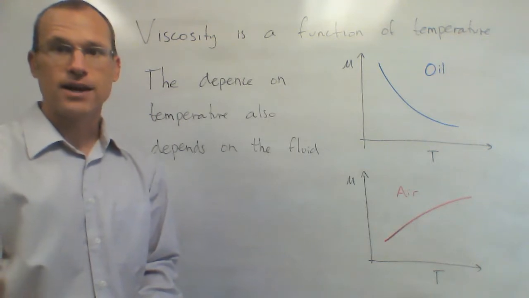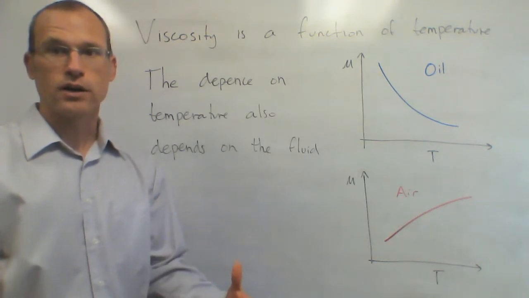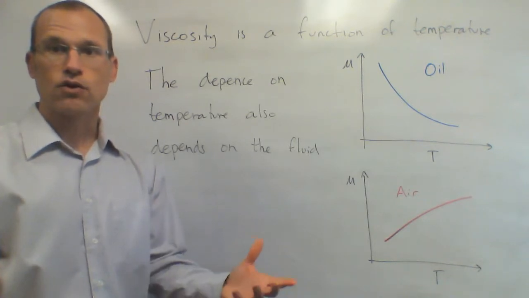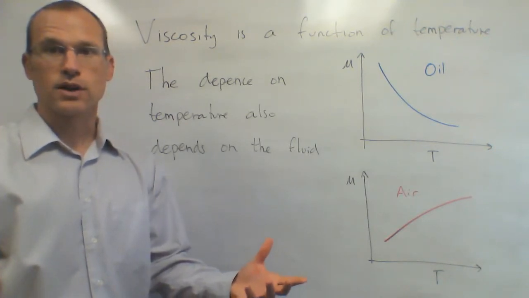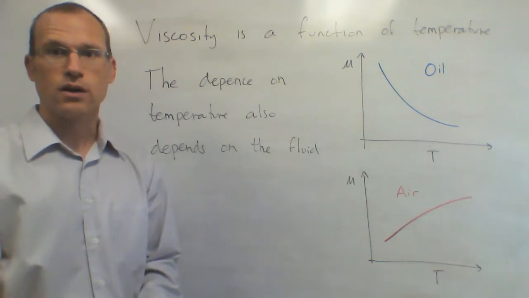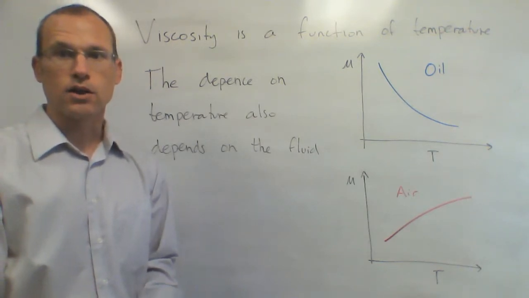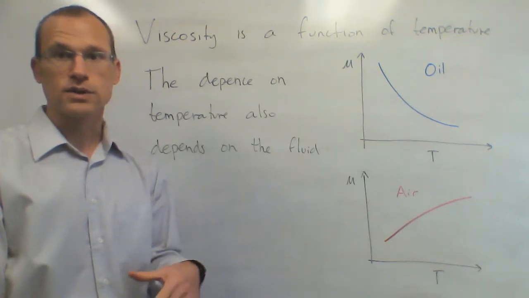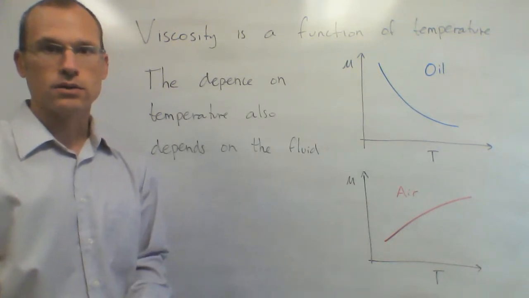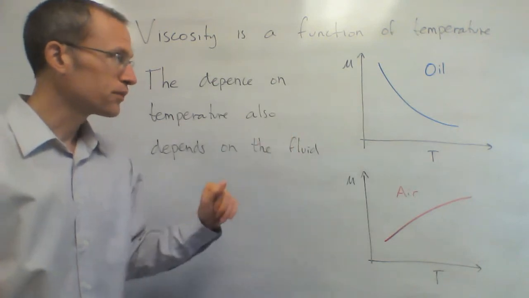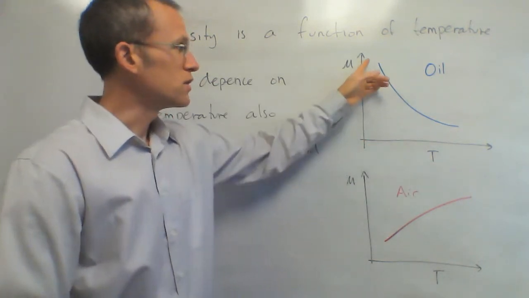And the reason you need that is because in the summertime, when it's really hot, viscosity of oil is going to go down. So you're going to need a heavier or thicker oil in the summertime because that viscosity is actually lower than what it usually is. And same thing for the wintertime. You need a low viscosity oil because as temperature goes down, viscosity goes up. And so look at my graph here for oil. As temperature goes up, viscosity is going to go down.